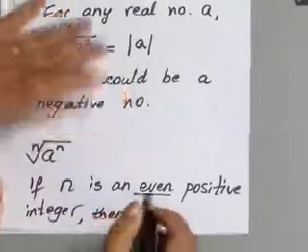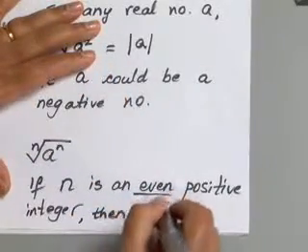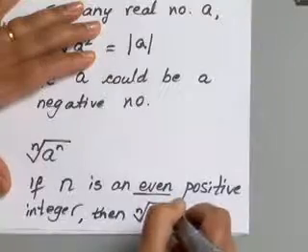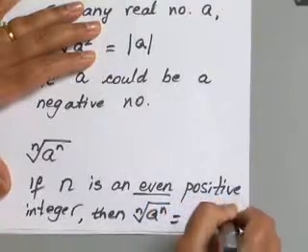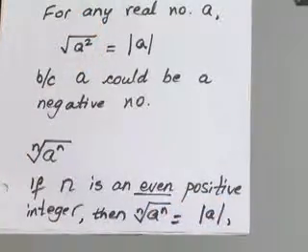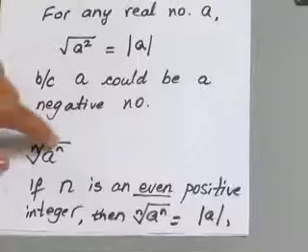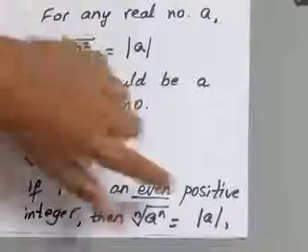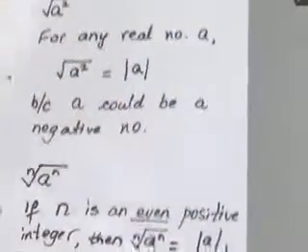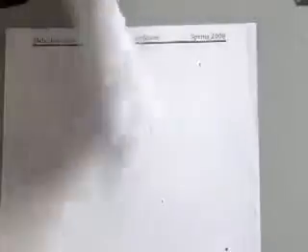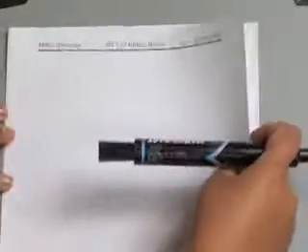then your nth root of a to the nth power will be the absolute value of a. Okay? So if this is an even positive number, the solution to this one would be the absolute value of a. What happens if that n is an odd number? Okay?